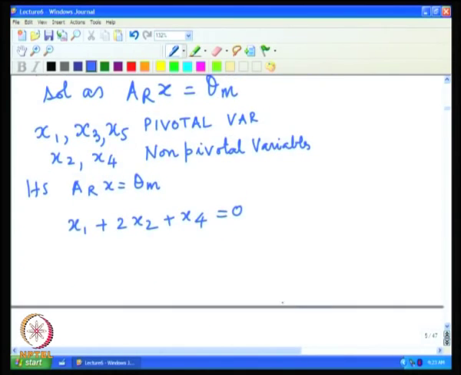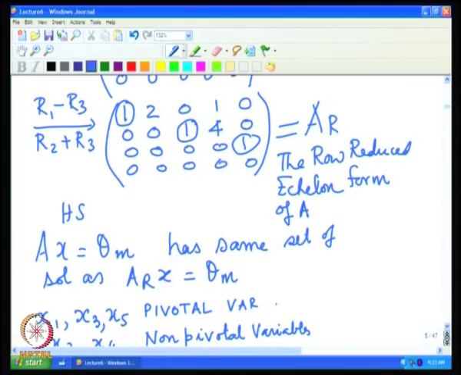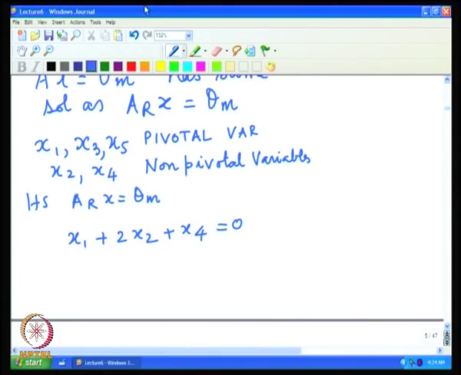The second equation, corresponding to the second row, has no x 1, no x 2: x 3 plus 4 x 4 is equal to 0. And the last equation similarly is x 5 equal to 0.